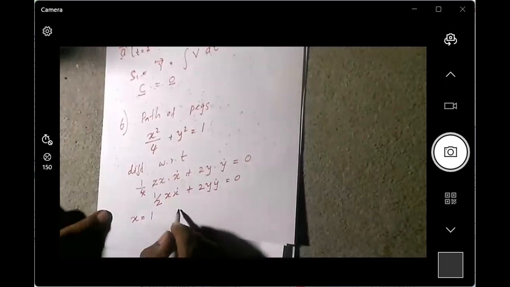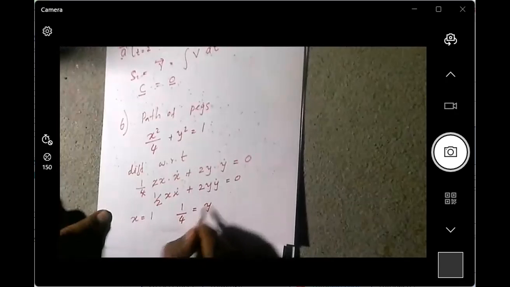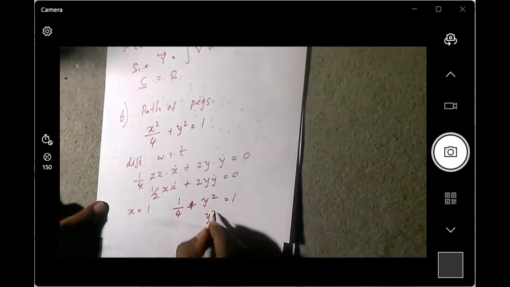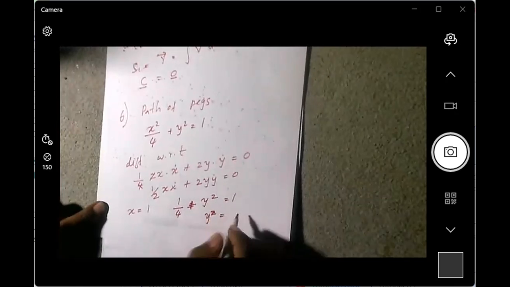How much is that? 1 over 4 plus y squared is equal to 1. That means y squared is 3 over 4, right? So y is root 3 over 2. So we have y.